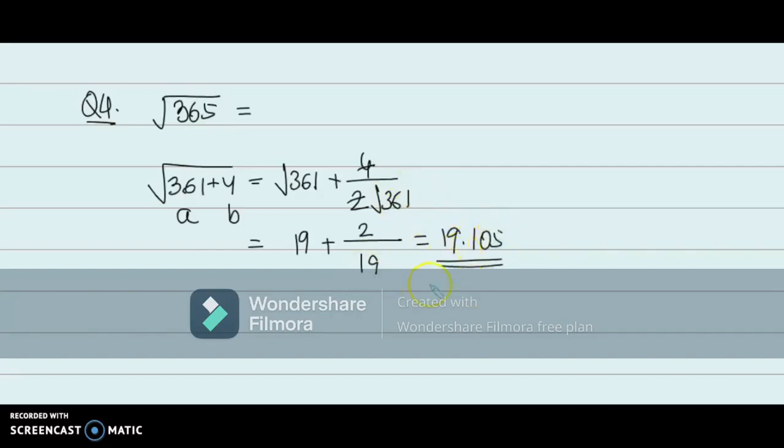You can check your answer, you will get around the same value. 2 by 19, yes, you will get the same value. So this is your answer for root 365.